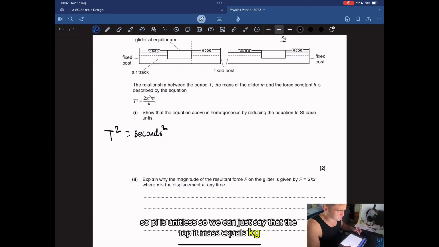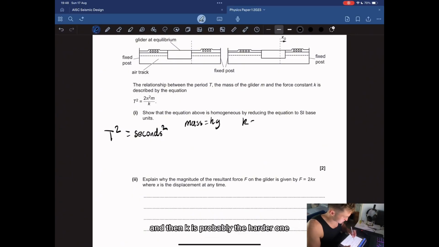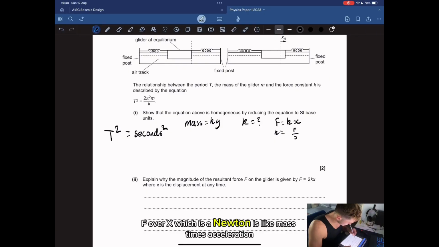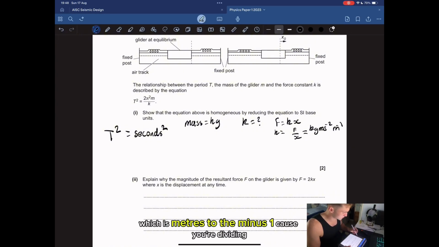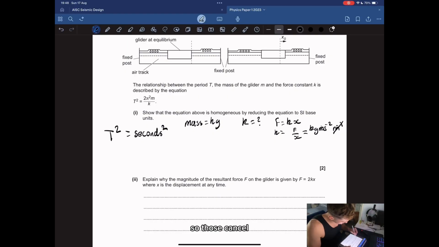So pi is unitless, so the top mass is in kg, and k is probably the harder one. We know that F equals kx, so k equals F over x. A newton is mass times acceleration, so kg m s^-2, divided by x, which is displacement in meters, so those cancel.